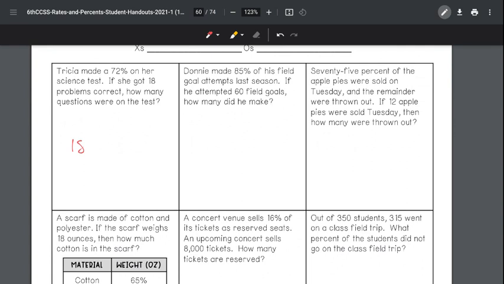So she got an 18 out of something and received a 72% out of 100%. So cross multiply and divide. 18 times 100 equals 1,800. If we divide that by 72, we figure out the test had 25 questions. She got an 18 out of 25.